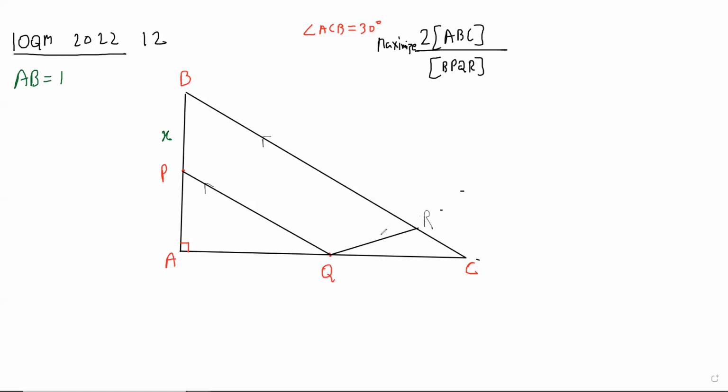So if this is equal to X, then QR is equal to X. So in this case, what is PQ? What is BC?